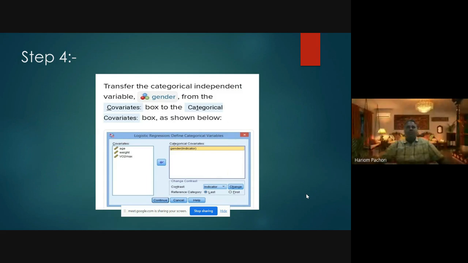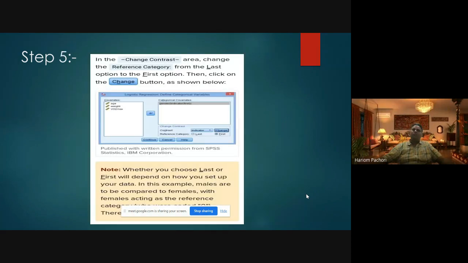Then in the Change Contrast area, change the reference category from Last to First. Then click on the Change button as shown below. Note, whether you choose Last or First will depend on how you set up your data. In this example, males are to be compared to females, with females acting as the reference category.